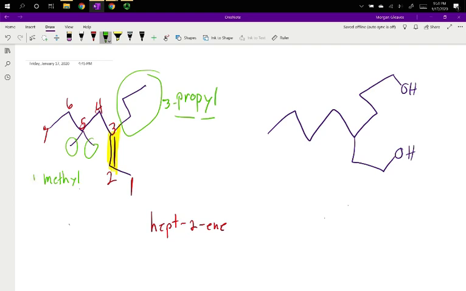And there's 2 of them, so really I have a dimethyl, and they're both on the 5th position, so 5,5-dimethyl. If we bring all those parts together, methyl is alphabetically before propyl, so it is a 5,5-dimethyl-3-propylhept-2-ene. And so that is how we name our alkene.